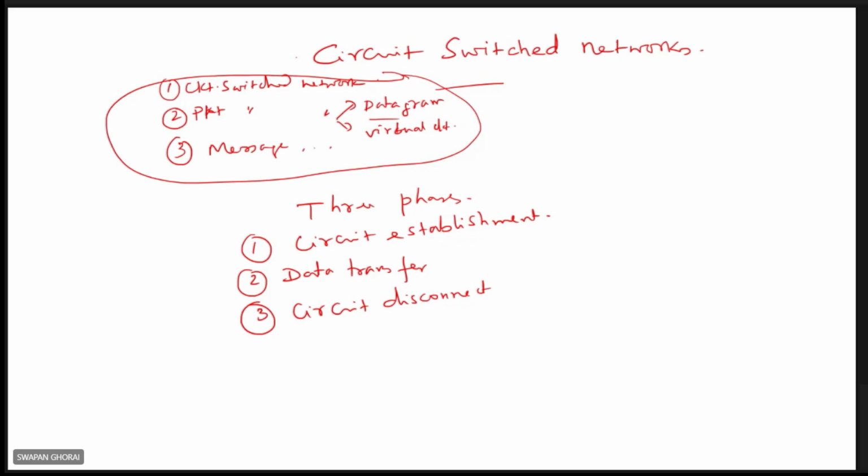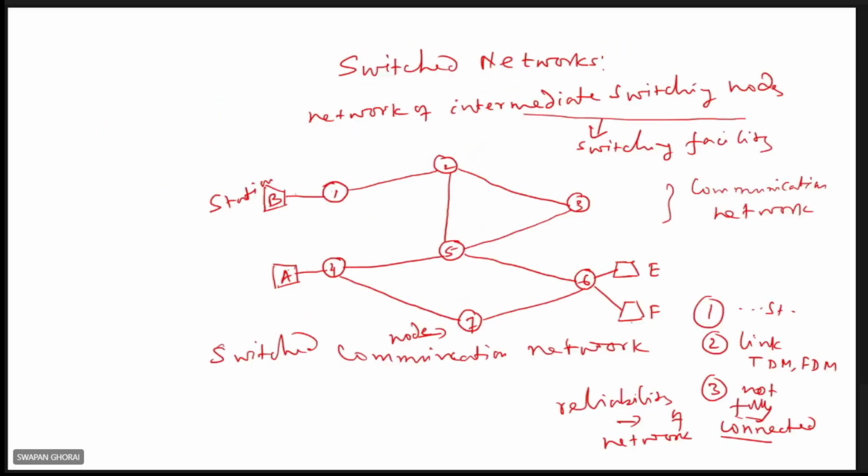And if you examine this circuit switching network, it is rather inefficient, in the sense that channel capacity is dedicated for the duration of the connection. Even if no data are being transferred, the connection will still be reserved.